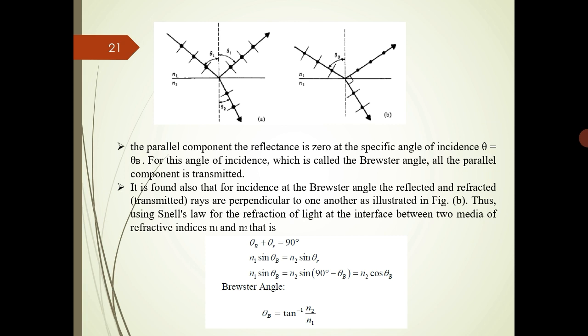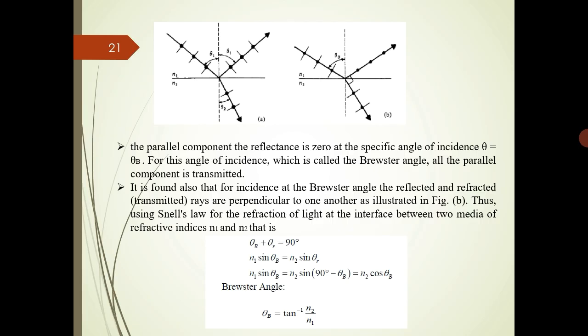So we write the equation as N1 sine theta b equals N2 sine theta r. Rearranging, theta r is 90 degrees minus theta b. After substituting that, I get N2 equal to N1 cos theta b.